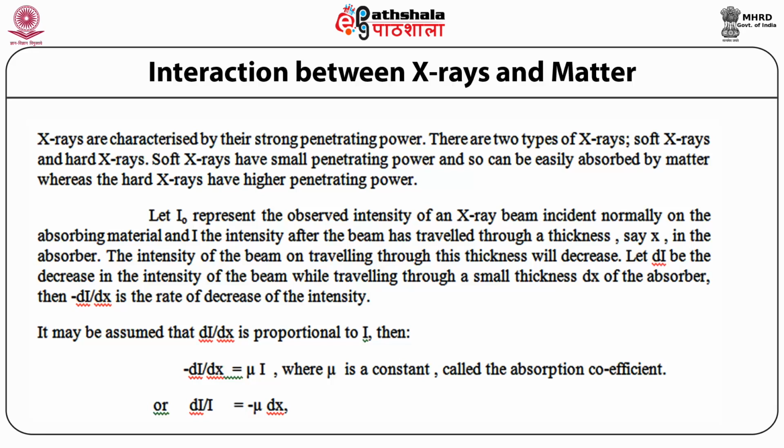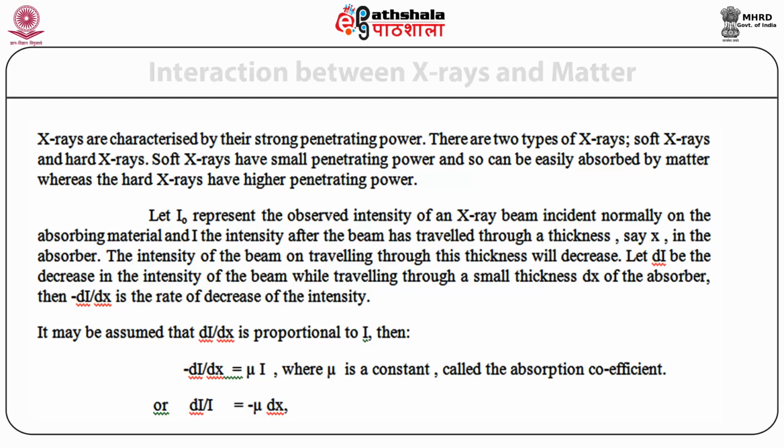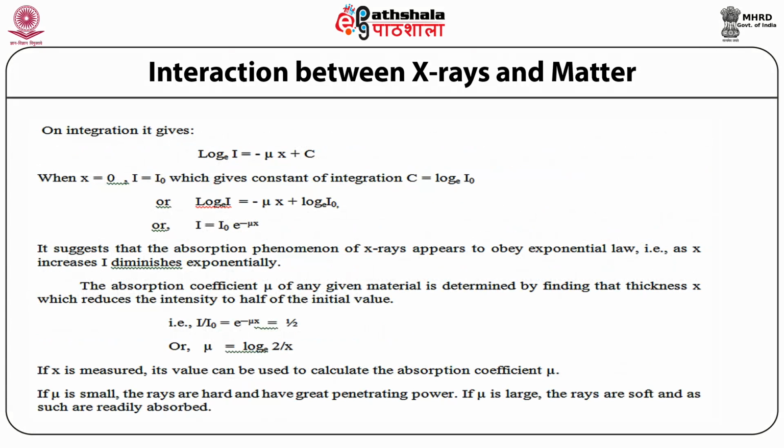It may be assumed that dI by dx is proportional to I. Then minus dI by dx is equal to mu I, where mu is a constant which is called the absorption coefficient. Or dI by I is given by minus mu dx. On integration, it gives log I equal to minus mu x plus c.